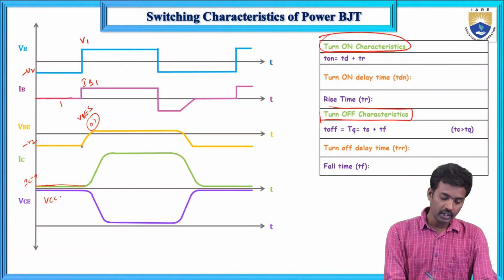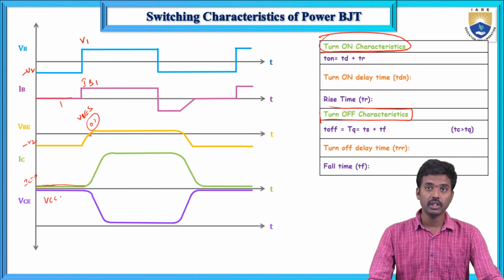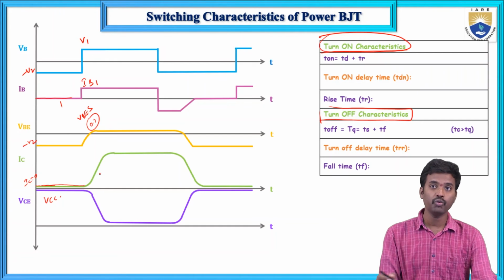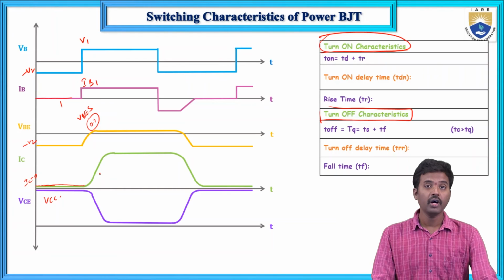The time taken to charge it is the delay time. During that time the leakage current, initially 0, rises to 0.1 of ICS.